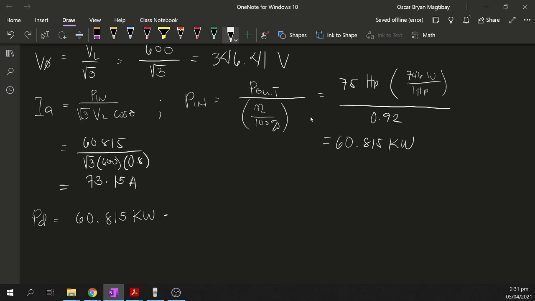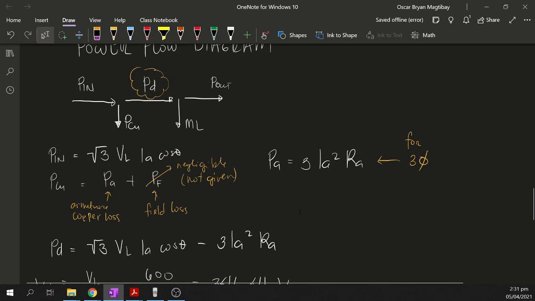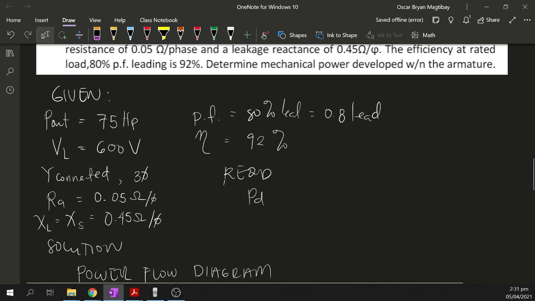Yun eh. Minus 3 IA squared RA. Ano ba ang IA natin? So, 73.15 amperes quantity squared times 0. Ano ba ang ating ano? 0.05.